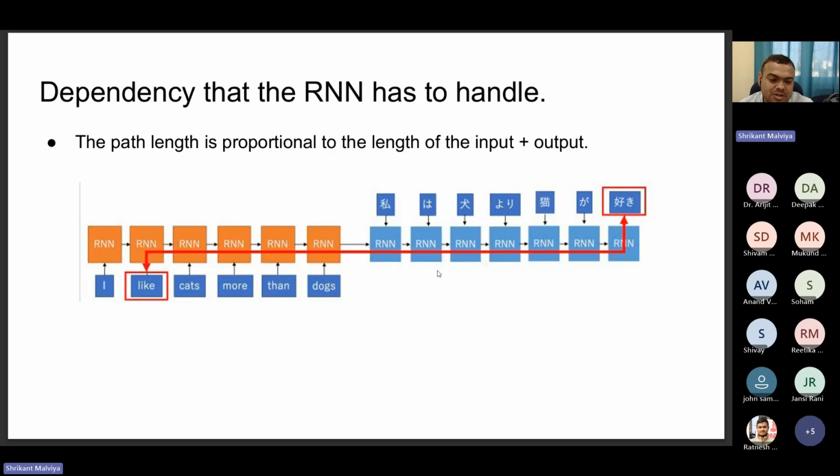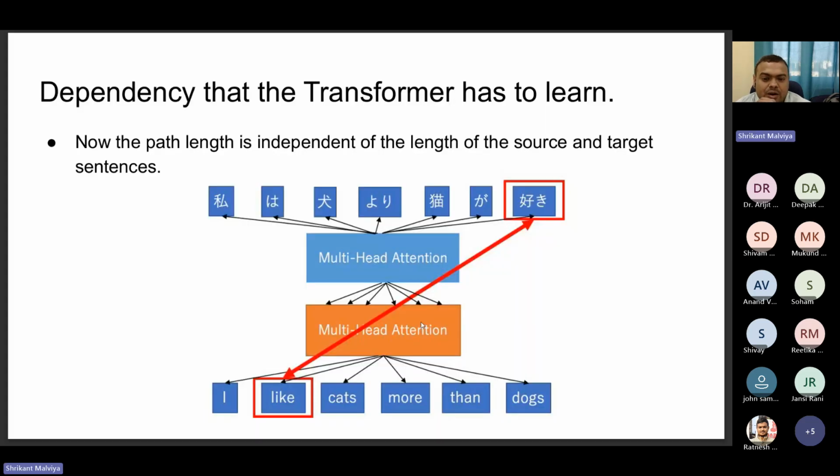The information may not be able to flow properly or may get diminished during the generation. So that is also a major issue which has to be taken care of, and the transformer does that.